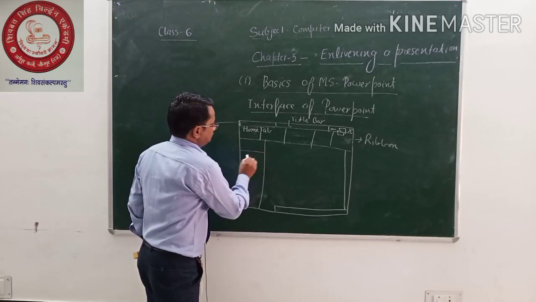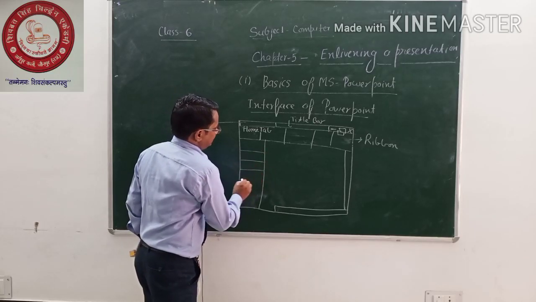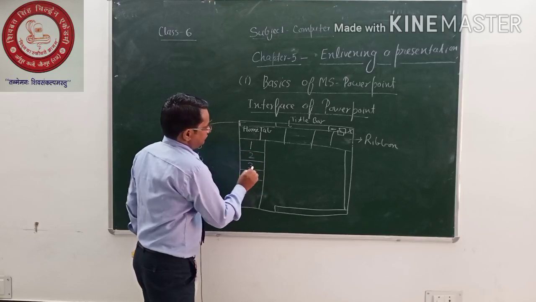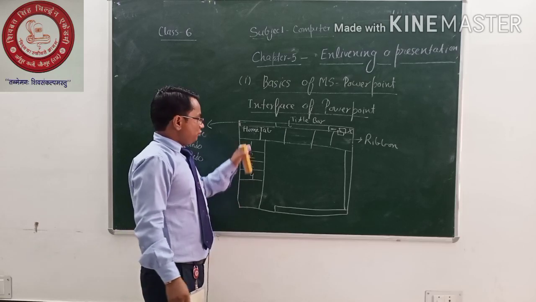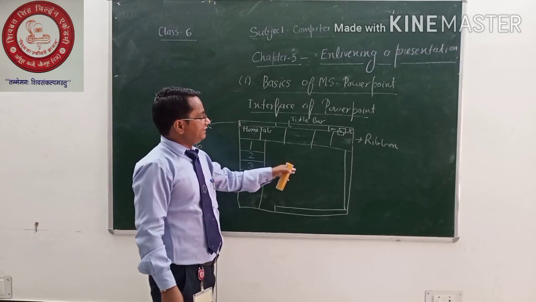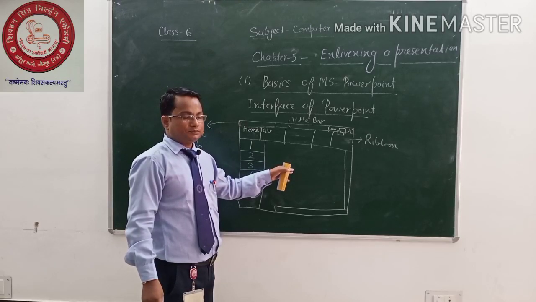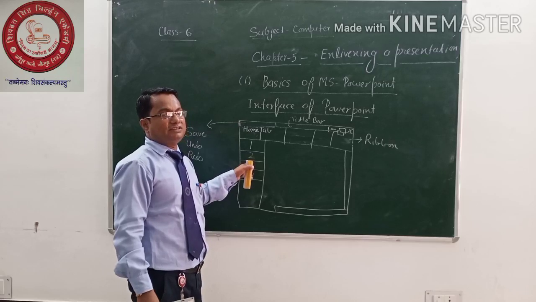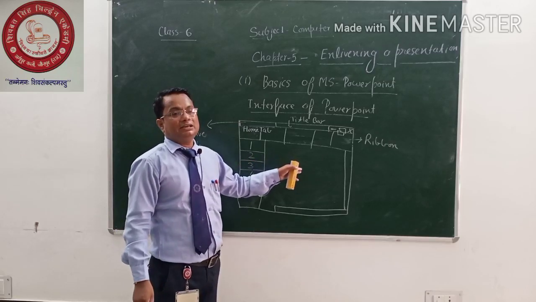Suppose I have taken 2 or 3 slides: first slide, second slide, third slide, fourth slide, right? If you click on the first slide, you are able to see its content on the right hand side. If you click on the third slide, you see the third slide.